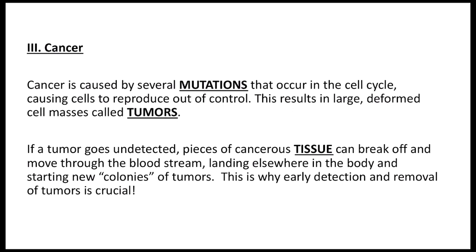This results in large, deformed cell masses that we call tumors. If a tumor goes undetected, pieces of cancerous tissue can break off and move through the bloodstream, landing elsewhere in the body and starting new colonies of tumors. This is why early detection and removal of tumors is crucial.